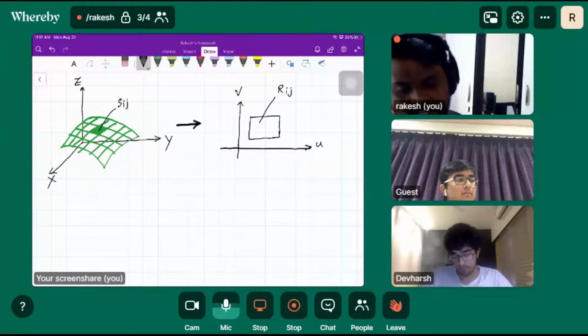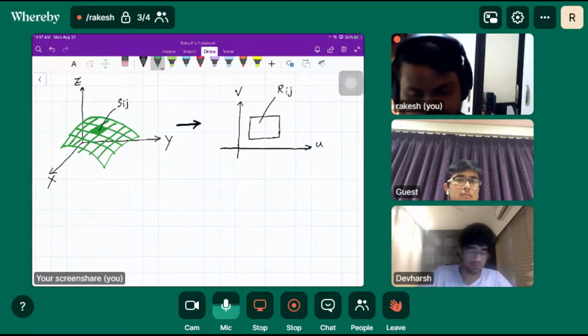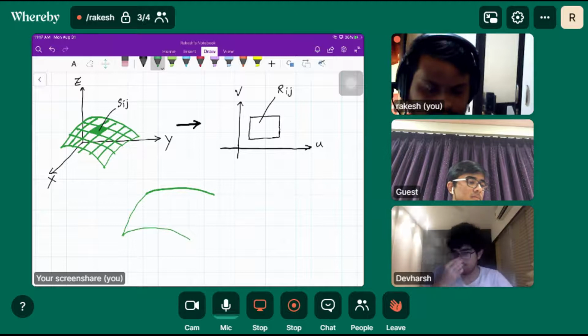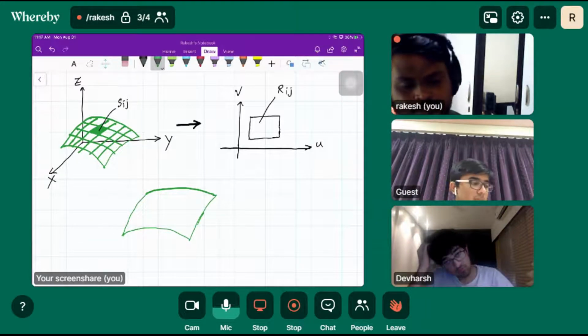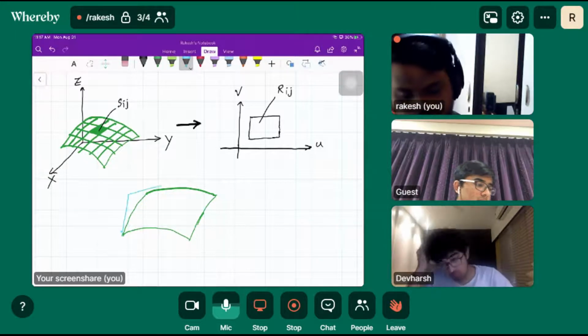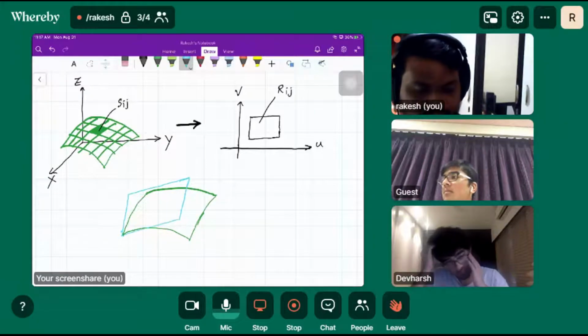So I give you the combination of this idea here. Suppose this is the surface. So the corresponding, let's say, we'll get a parallelogram here, right?